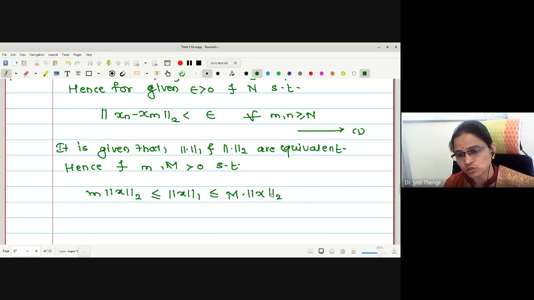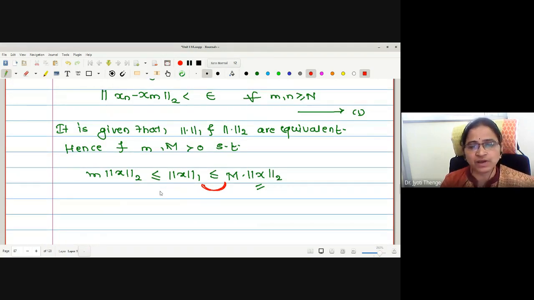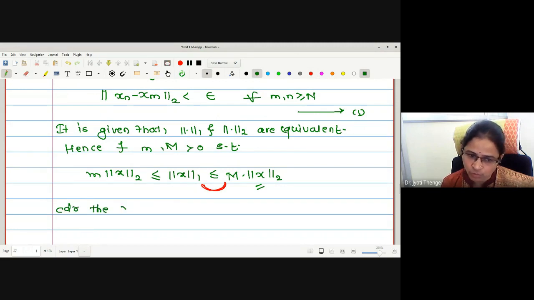Therefore, I have taken norm 2 on the right part of the inequality. Consider the right part of the inequality.